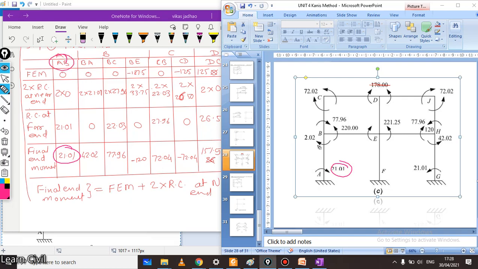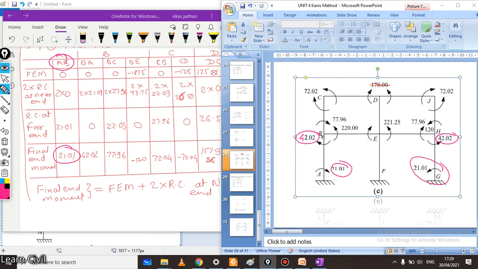Here this will be again 21.01 because of symmetry. Here for BA, this will be 42.02. Similarly here we will be having 42.02 due to symmetry.